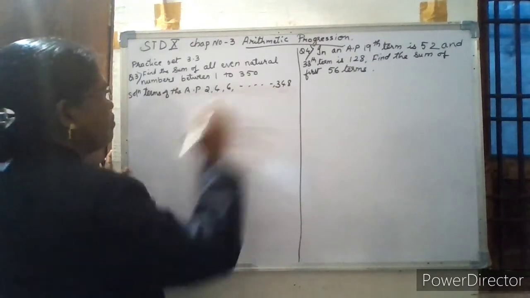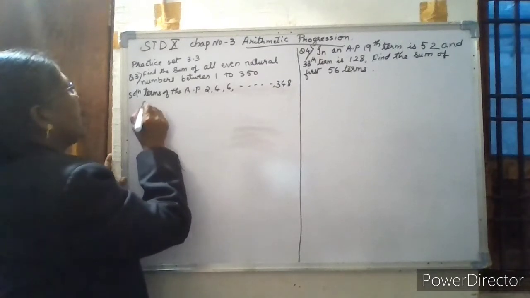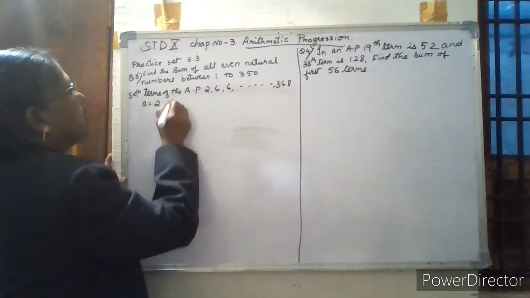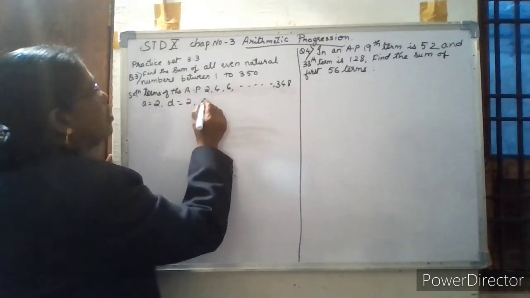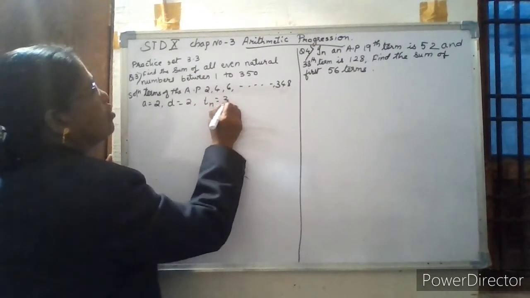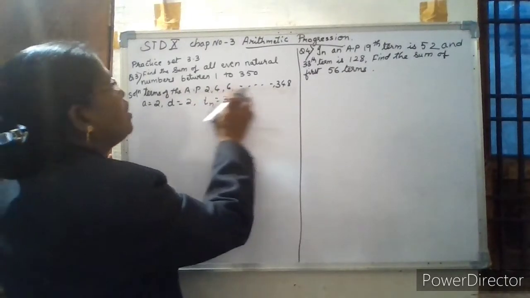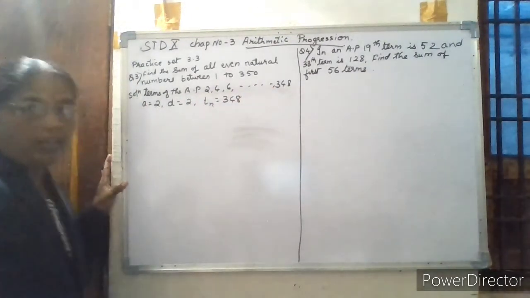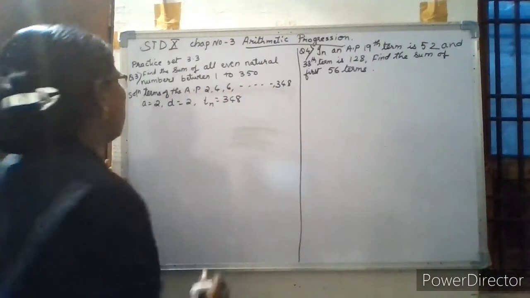This is the nth term. From the given AP, a is equal to 2, d is also equal to 2, and the nth term is equal to 348, which we have found out. We don't know how many terms there are in this AP, so to find out how many terms there are, we will use the nth term formula.